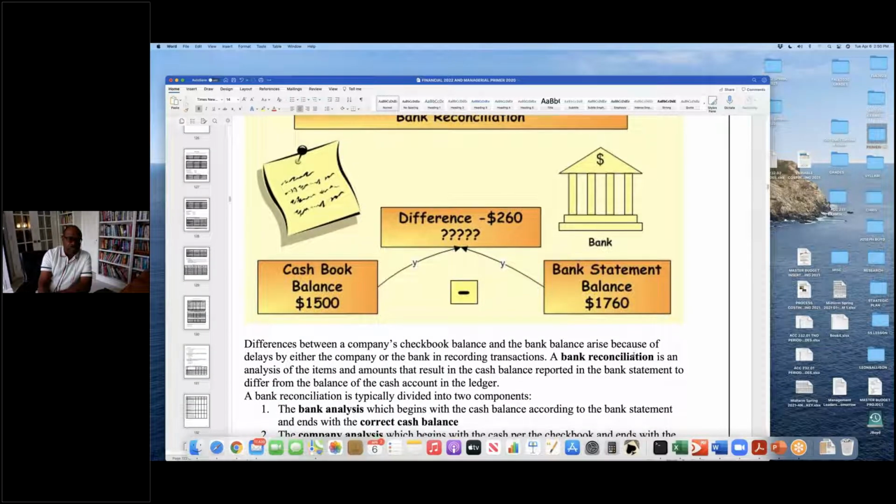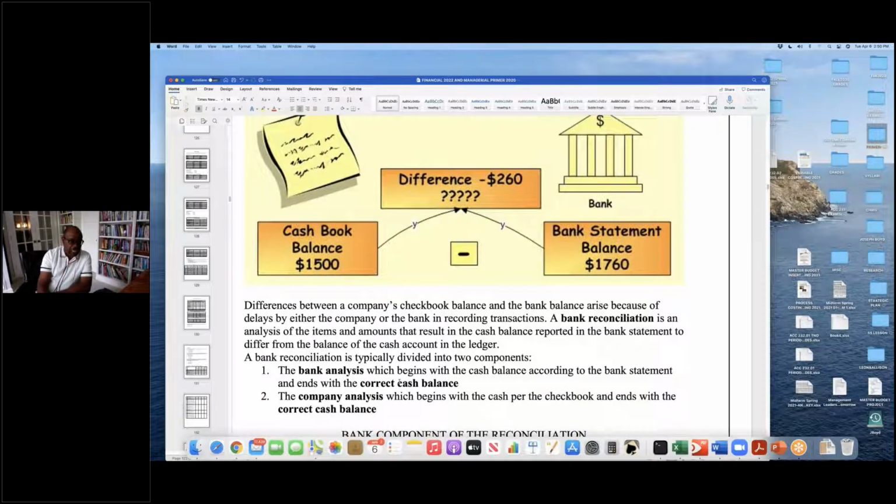So there's the two things. There's a bank statement and there's the company's accounting records. So we'll do a bank analysis, then we'll do a company analysis.